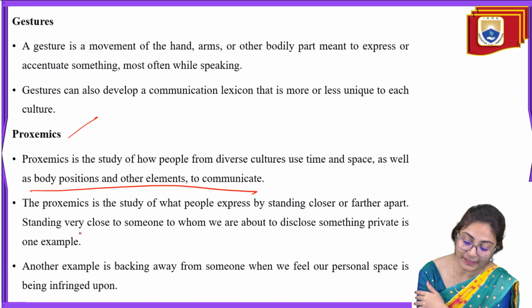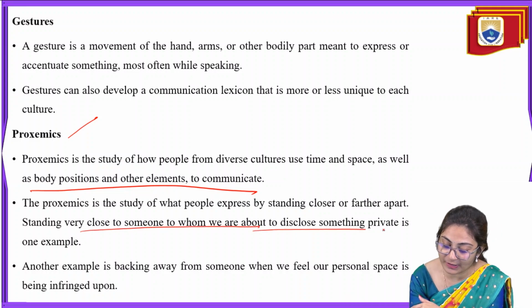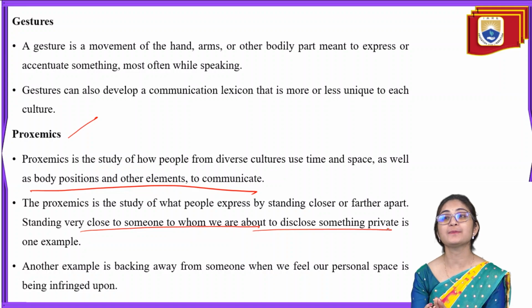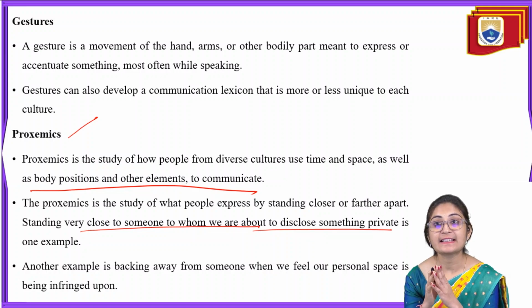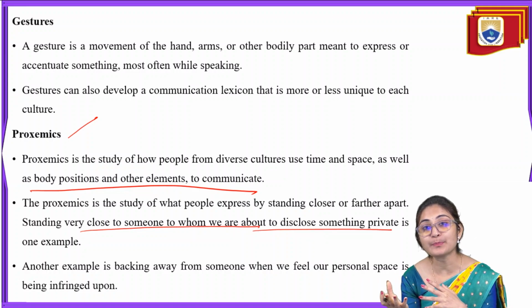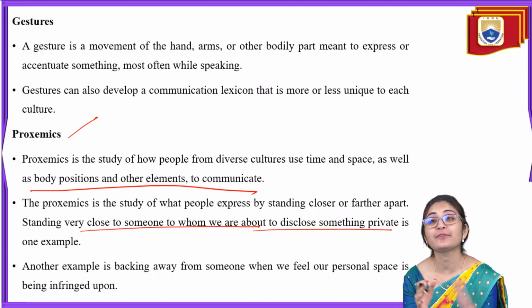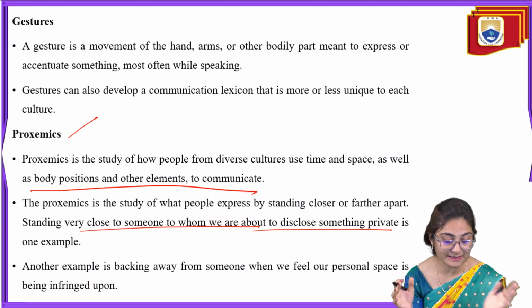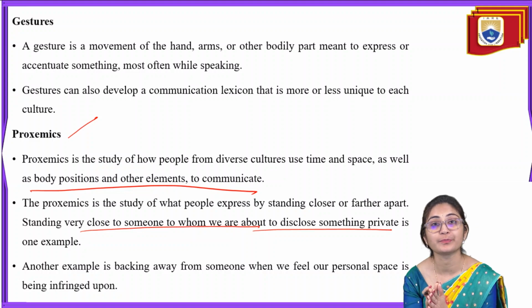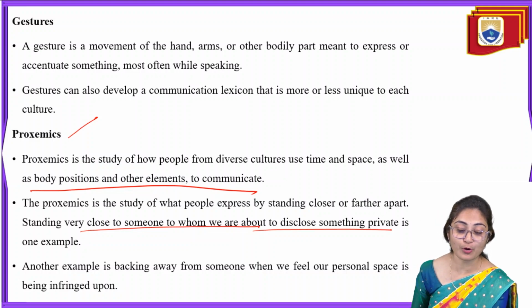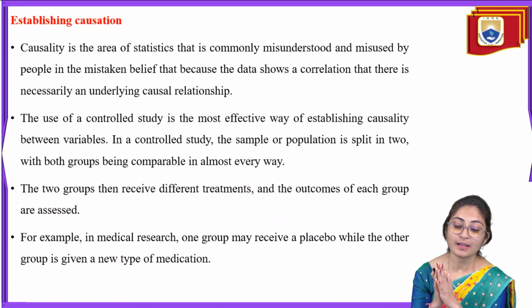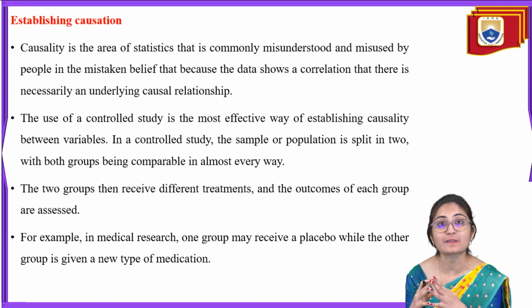Standing very close to someone to whom we are about to disclose something private is an example. Another example is backing away from someone when we feel our personal space is being infringed upon. So this is proxemics.